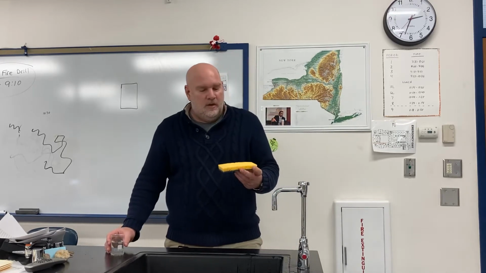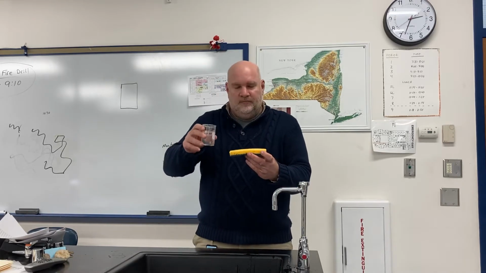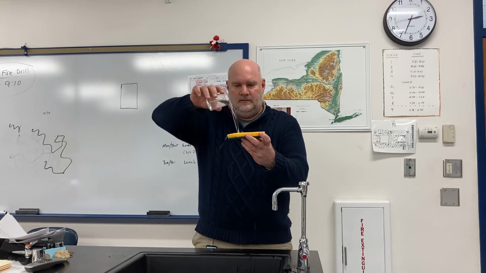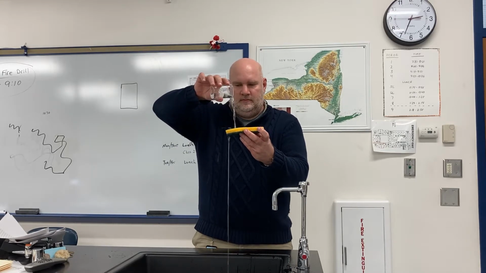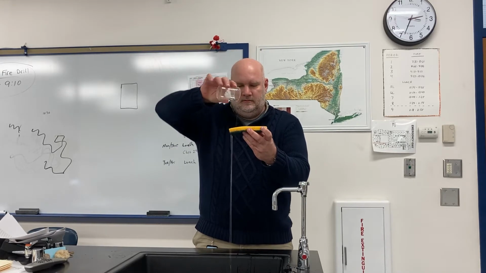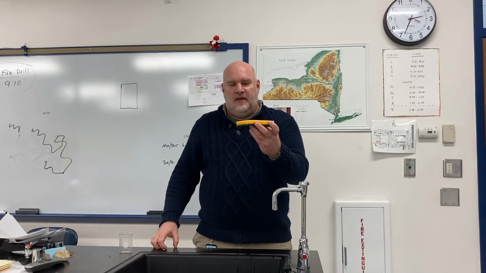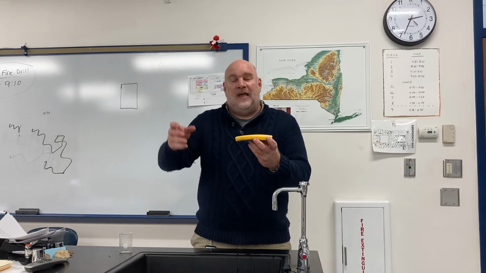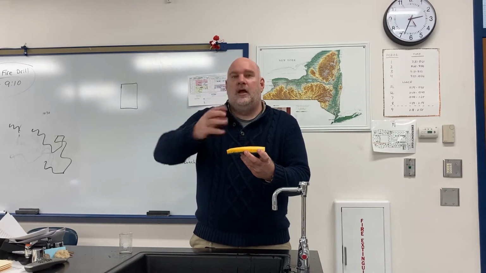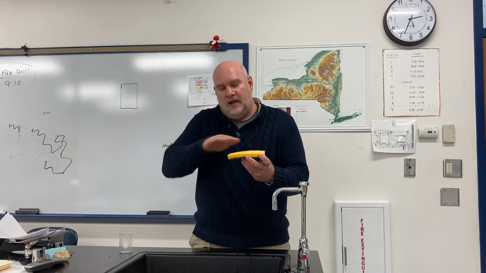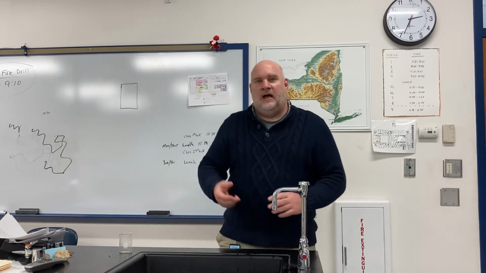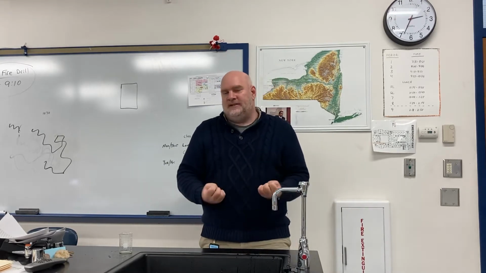Same amount of water, I pour it on the sponge much faster, and you can see that much more of the water ran off the surface, because I was pouring it faster than the sponge could take it in. Same thing holds true in nature. If it's raining faster than the ground can take it in, then you're going to get lots of runoff.